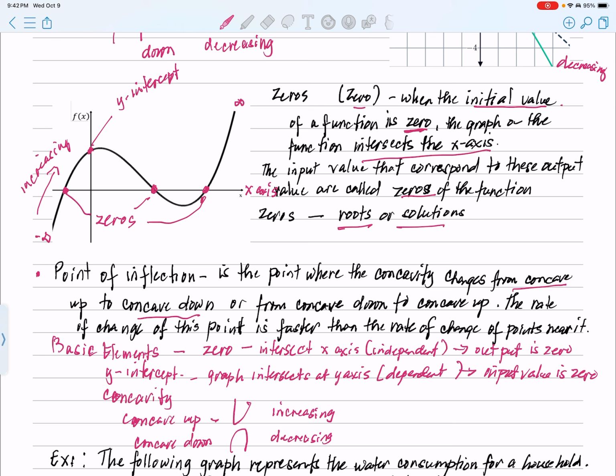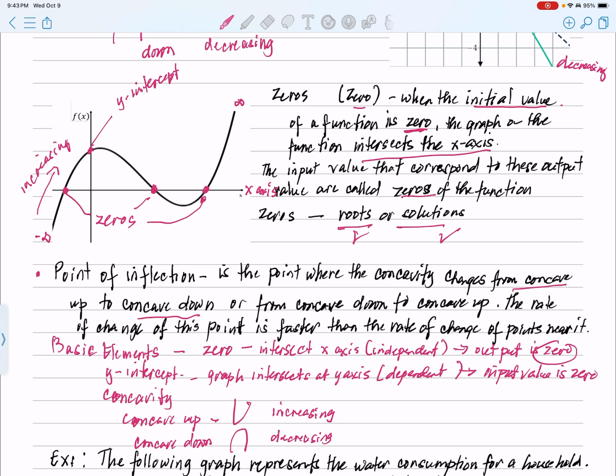Okay? So what is a 0? It intersects the x-axis. So what is our output value there? The output value is 0 when you have an x-intercept. Okay, so the 0, sometimes we call it the roots or the solution in algebra. All right.